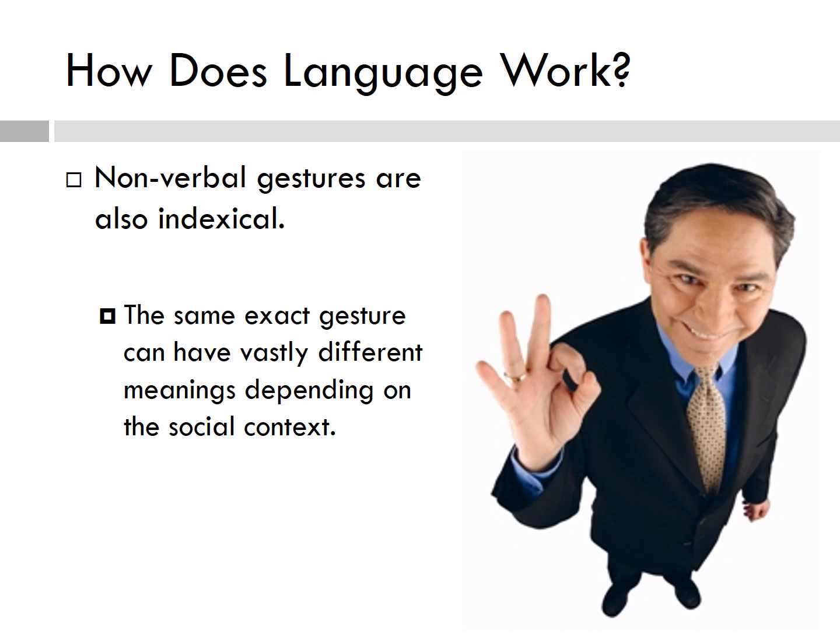Nonverbal gestures are also indexical. That is, the same exact gesture can have vastly different meanings depending on the social context. There's no better way to see this than considering the different meanings of the same hand gesture in different cultures and societies. For example, consider the hand gesture that this man is making here in this slide.